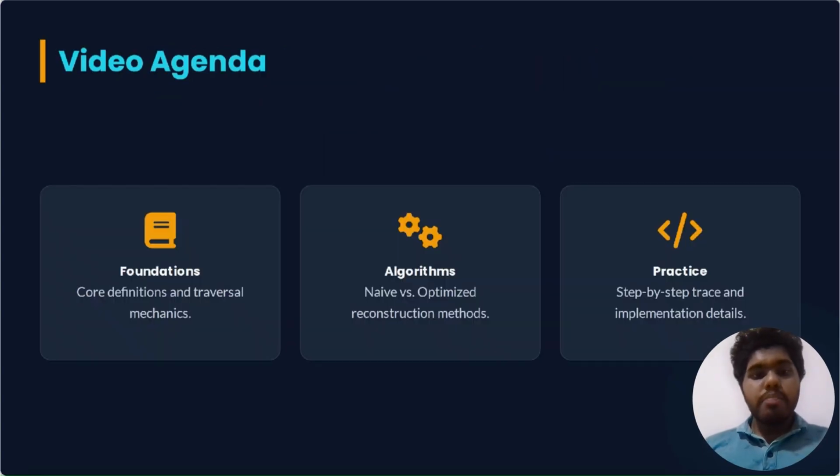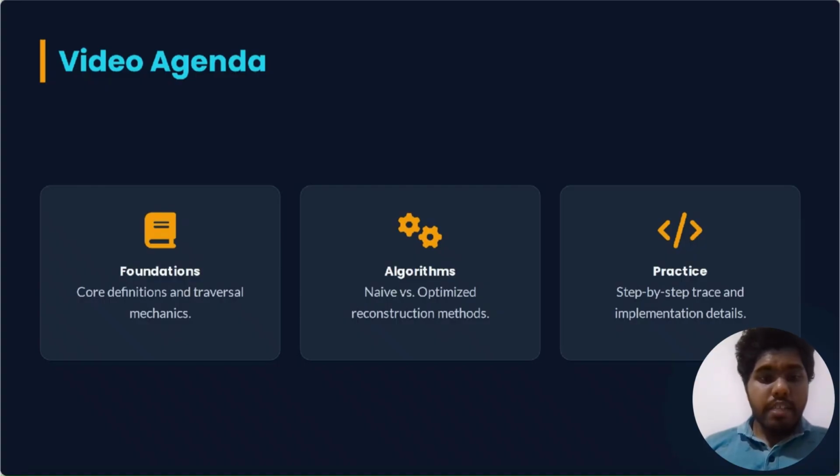Here is your roadmap. We will start with the foundation, making sure we understand binary search tree rules and the three types of traversals. Then we will dive into the reconstruction theory. Why certain traversals allow for a unique tree while others don't.